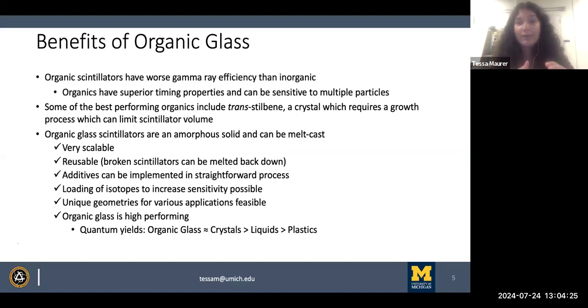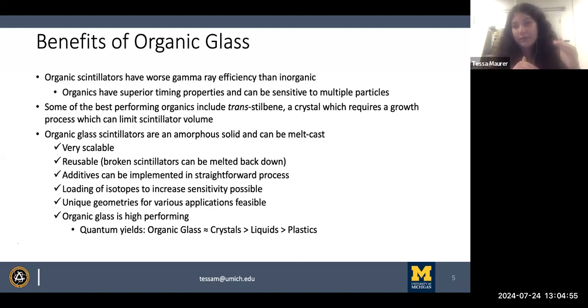I'll go more into the benefits of organic glass here. Organic scintillators in general have worse gamma ray efficiency than inorganic detectors, right? But we like organics because they have superior timing properties and can be sensitive to multiple particles. Some of the best performing types of organics, which I think you've started to hear about in some of these lectures, is the trans-stilbene detector.